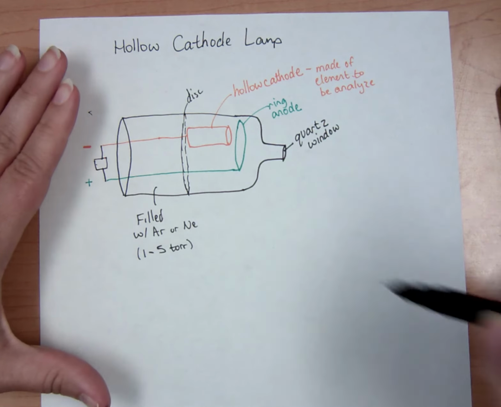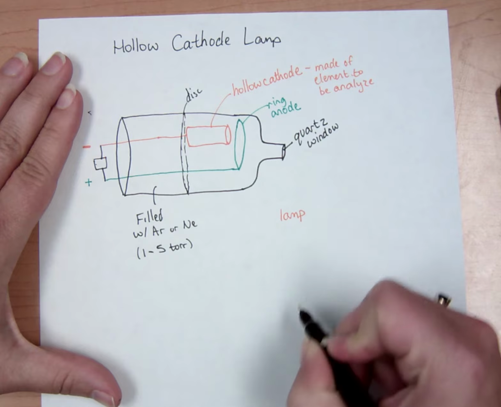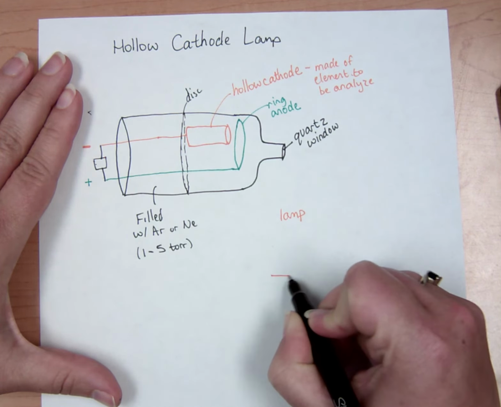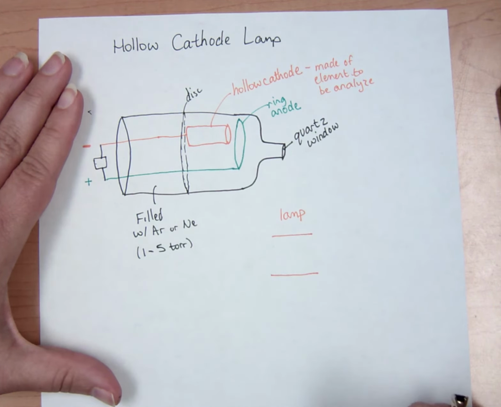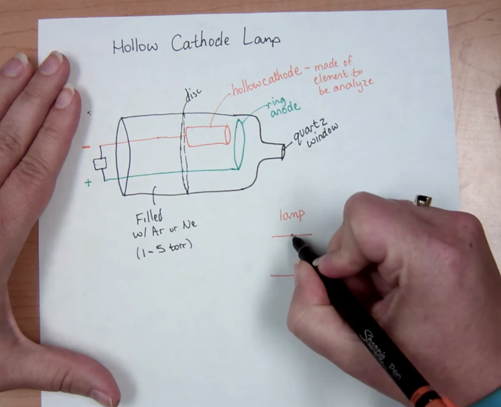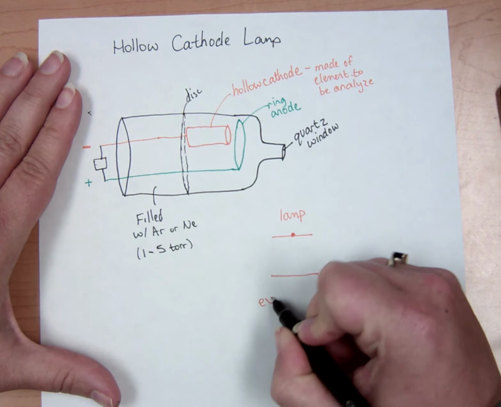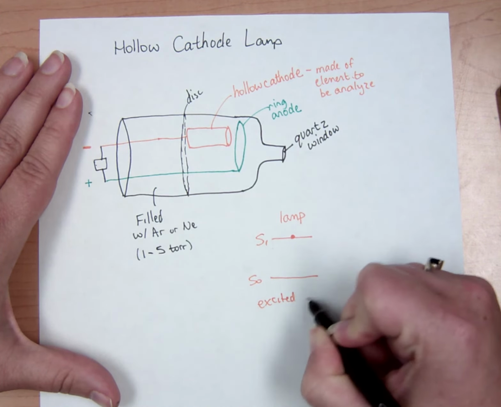So whatever element we have in the lamp, if we were to look at the Jablonski diagram, they go from the ground state to an excited state by collisional energy.